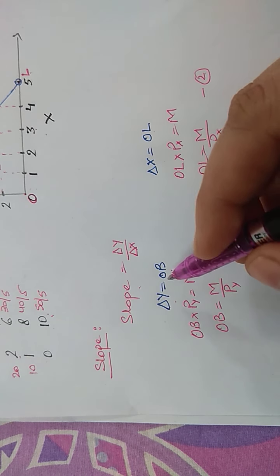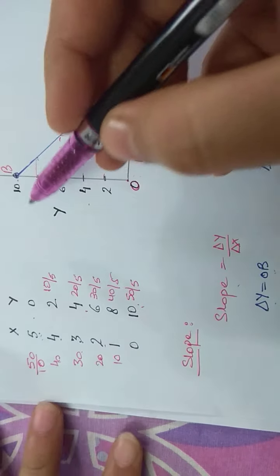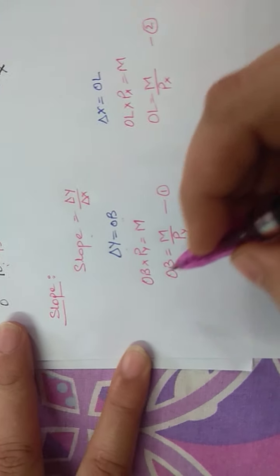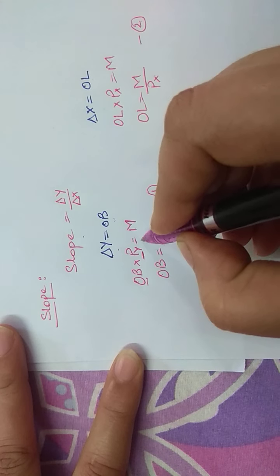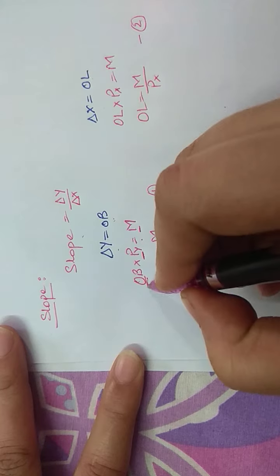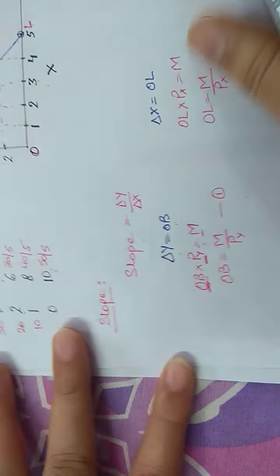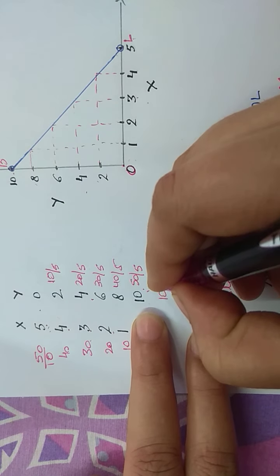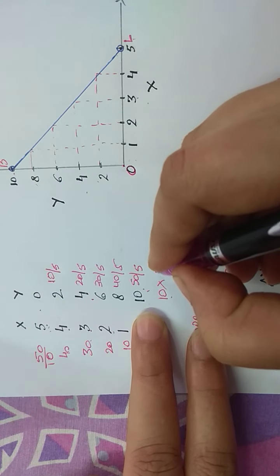Now we can find out delta y or OB, that is the number of units of Y. Now how do we calculate units of Y? We know that number of units into price of commodity is the total income of the consumer. For example, take here, this is 10, the number of units of Y, into price, which is 5.